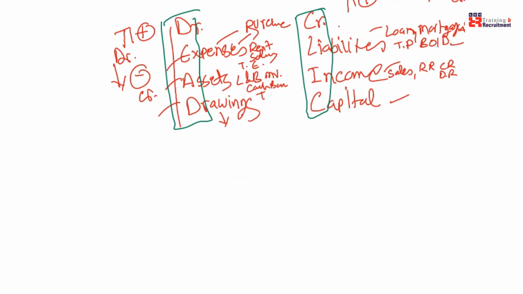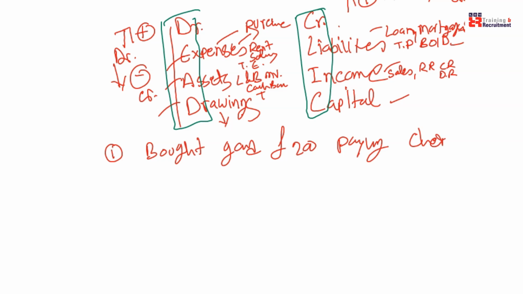For example, let's start with the T account, and in this video I'll show you the T accounts as well. One question: what about goods of £200 paying by check? Now, what goods is basically purchase, no?